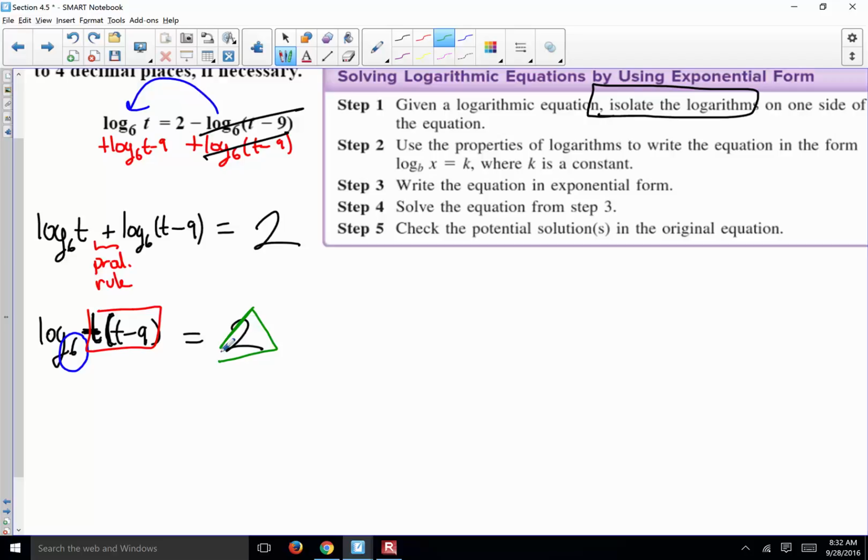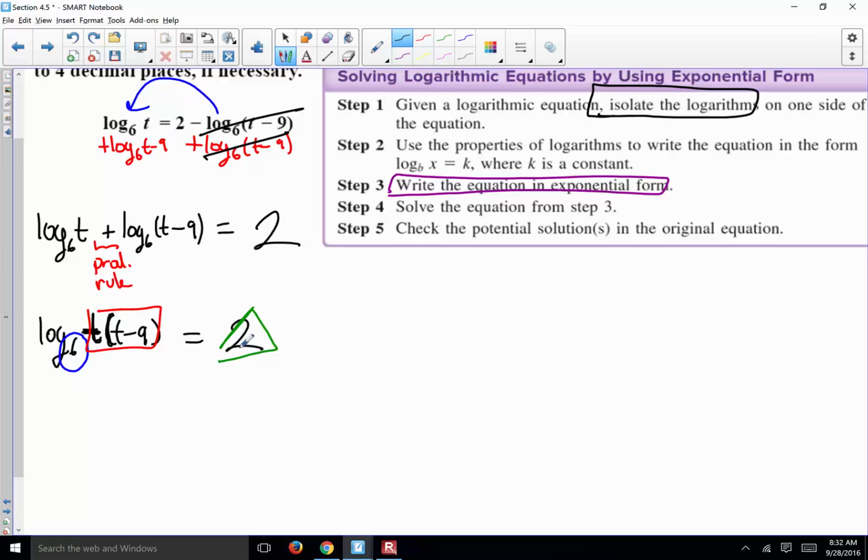When I give you a logarithm set equal to a number, you can rearrange these three geometric objects, circle, box, triangle, into an exponential. That's what it says: write the equation in exponential form. That's why we spent so much time on this. We solved 3-4 questions just like this so that you can get used to it. Now you should be proficient.